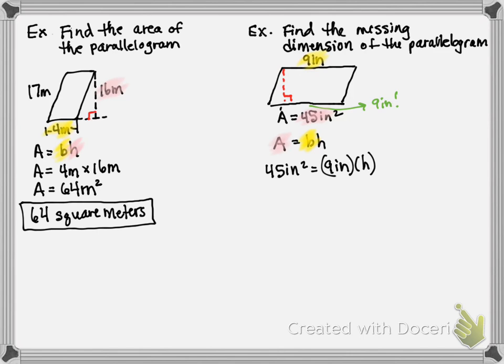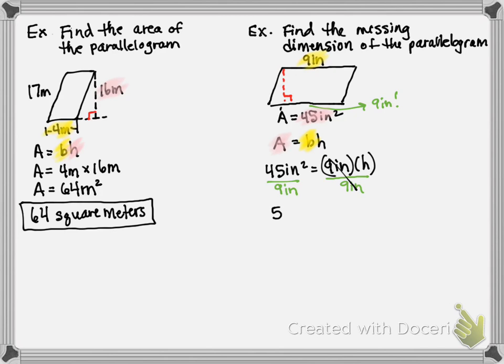Okay? Now, do I have to use those parentheses? No, but it just makes it look a little nicer. So, I'm multiplying the variable h by 9, so the inverse operation would be to divide by 9. So I'm going to divide both sides by 9 inches. Now again, you do not need to do the math with the labels, but I need you to understand where the labels come from. So this goes away. 9 goes into 45 5 times evenly.